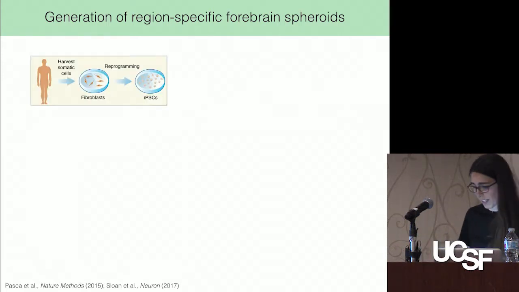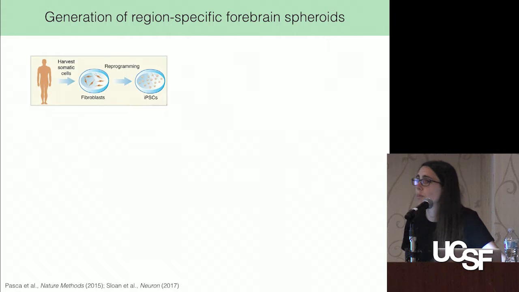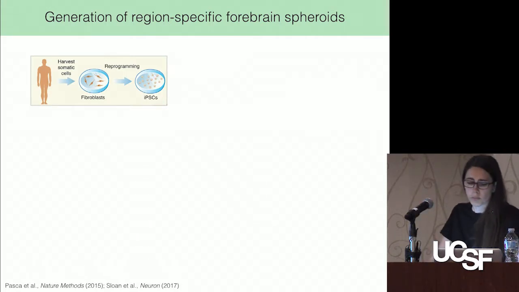And so for that, and again, I had some introduction to this this morning, we used induced pluripotent stem cells.